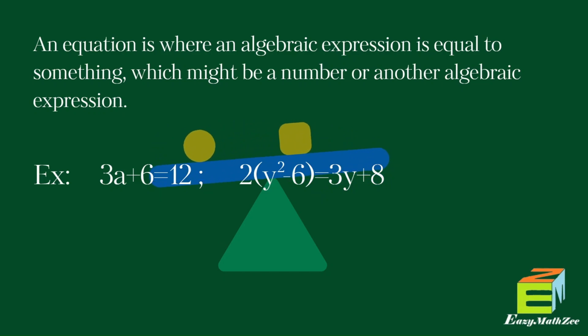For example, 3a + 6 = 12. This is one kind of algebraic equation, which has only one variable. Let's see one more: 2y² - 6 = 3y + 8. These are all examples of algebraic equations.